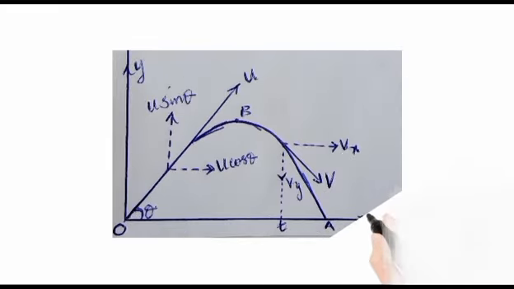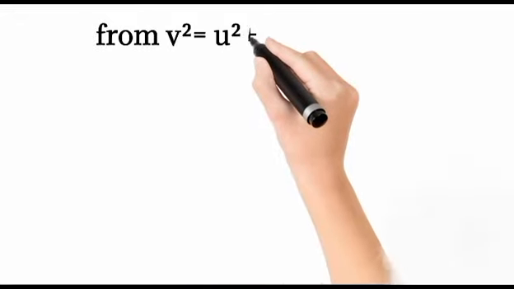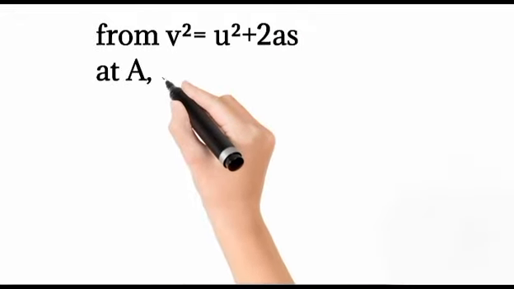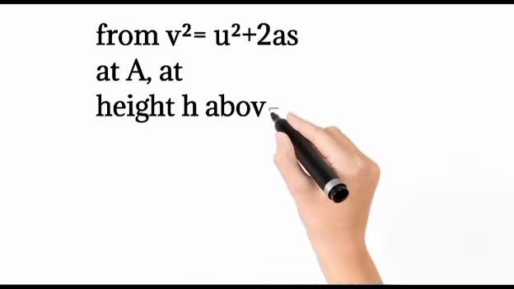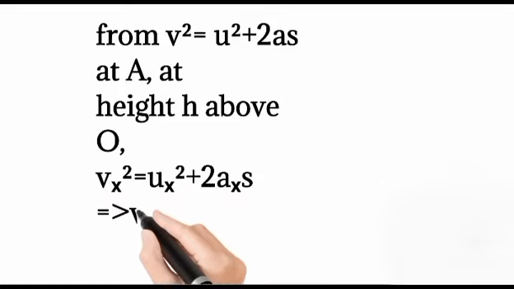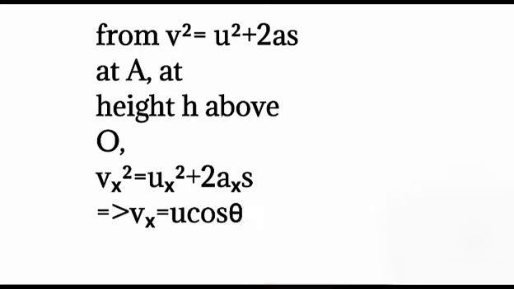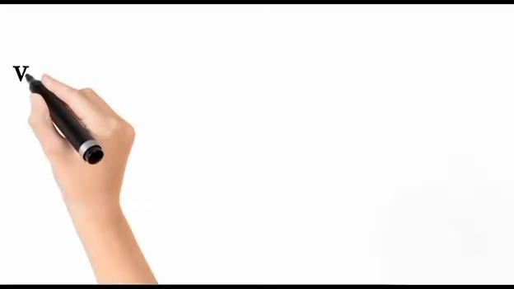Consider the diagram. The velocity at a given point can be calculated from v squared equals u squared plus 2as. At the point A at height h above O, Vx squared equals ux squared plus 2axSx, giving Vx as u cos theta.